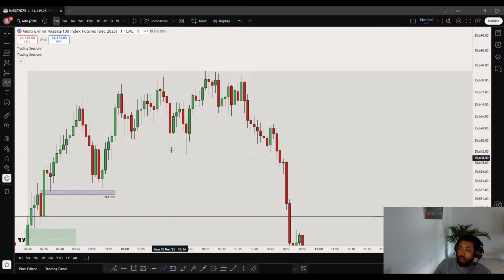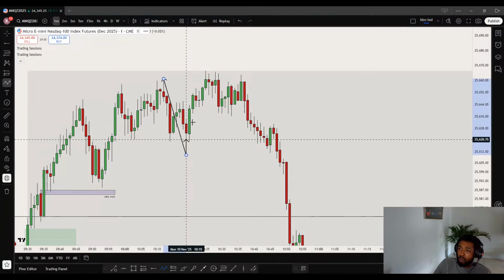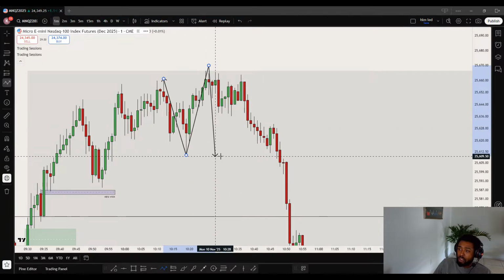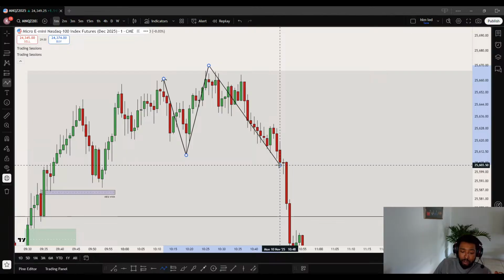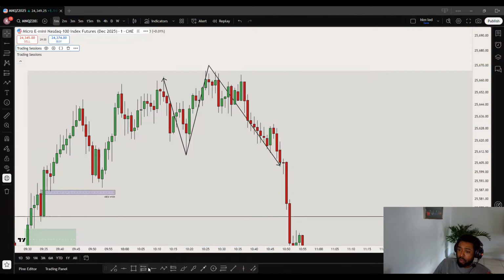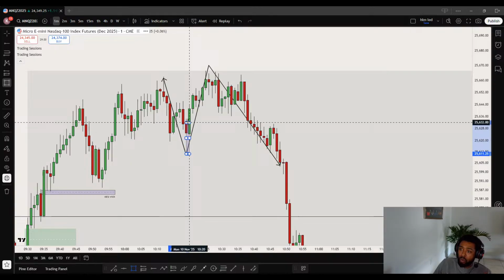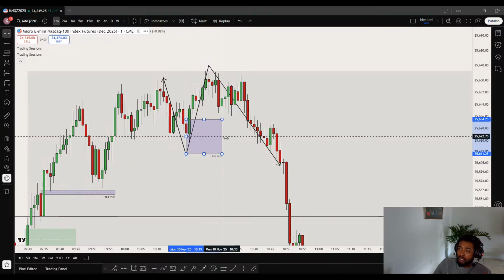So we have high, low, higher high. Once it closes below this lower low right here, that's the breaker. Just like a bullish breaker, which would be low, high, lower low, higher high, it's your last bullish candle, which was right here. This whole thing right here is your bearish breaker.